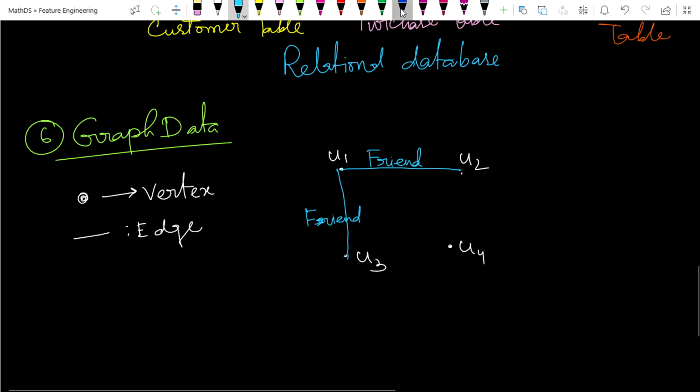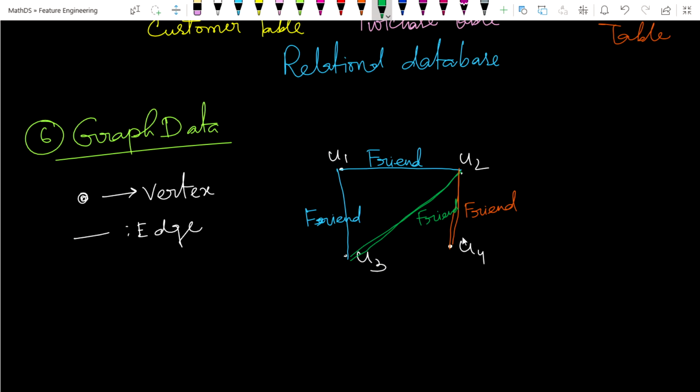Also u2 and u3 are friends, and u2 and u4 are also friends.